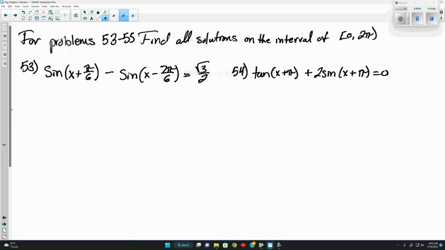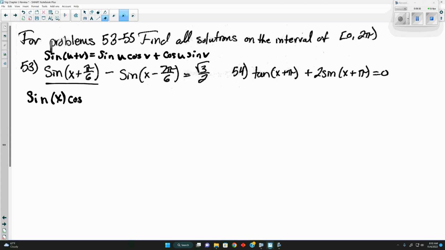Because if we do it the other way, sine of two angles being added together, sine of u plus v, is equal to sine of u cosine v plus cosine u sine of v. So we'd have sine of x cosine of pi over 6 plus cosine of x sine of pi over 6.